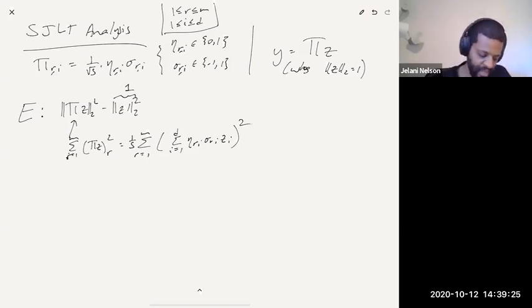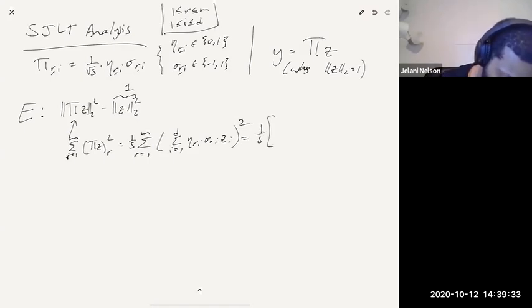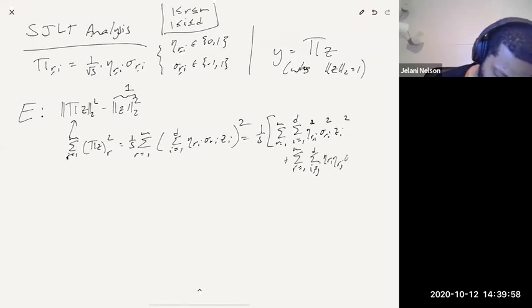Okay. And this is equal to, I'll write it like this, 1 over S, sum R goes from 1 to M, sum I goes from 1 to D of eta Ri squared sigma Ri squared Zi squared, plus the sum R goes from 1 to M, sum I not equal to J going up to D of eta Ri, eta Rj, sigma Ri, sigma Rj, Zi, Zj.